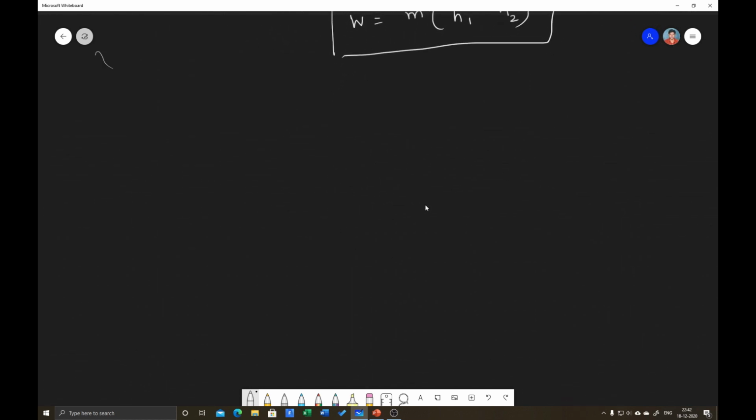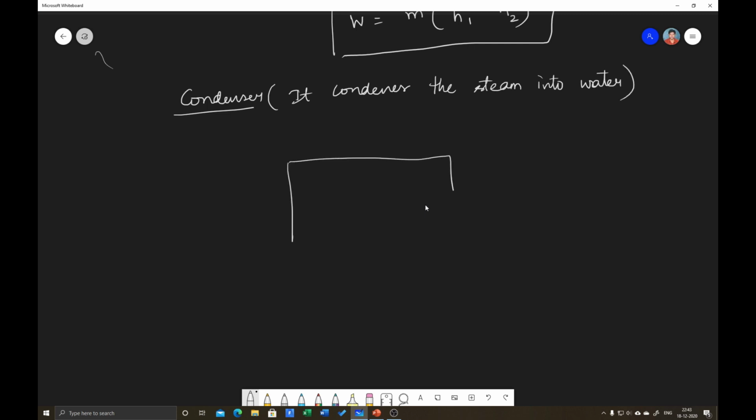Another important part in a steam power plant is the condenser. As the name indicates, it helps in condensing the steam into water. This water is called condensate. Say this is a heat exchanger where steam comes into the condenser and water goes out of the system.